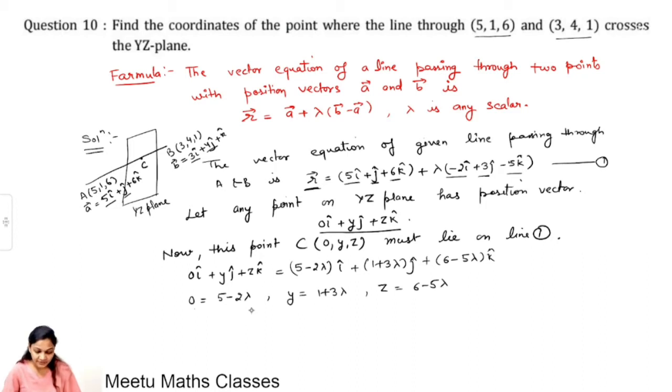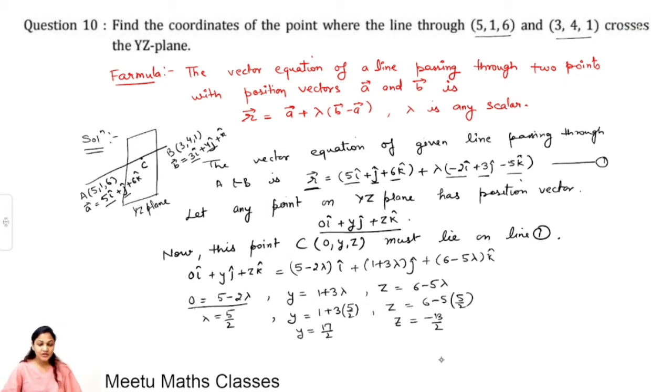From here we can get the value of lambda, that is 5 by 2. And from this we can find the value of y, that is 17 by 2, and z is 6 minus 5 lambda, and that is minus 13 by 2.